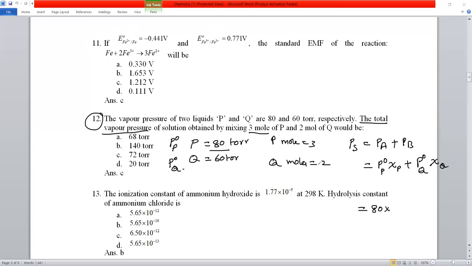Mole fraction of P is the number of moles of P divided by total moles, so 3 divided by 3 plus 2, which is 5.